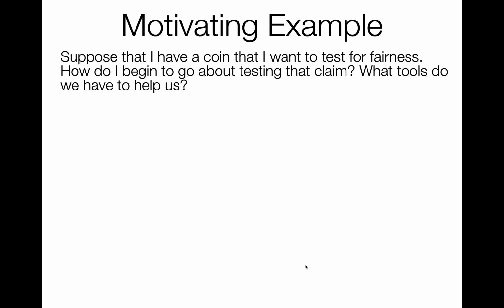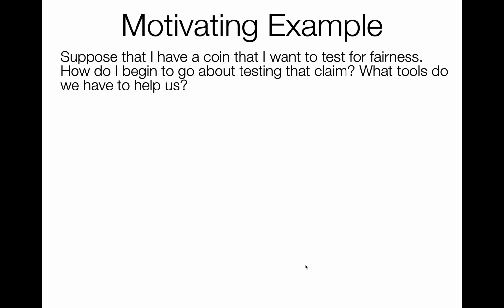So I want to start with a motivating example that gets us thinking about the types of questions that we want to answer and how a hypothesis test goes in the real world. Suppose that I give you a coin, and that coin is pretty bent, so it's not the straight coin that we think of.